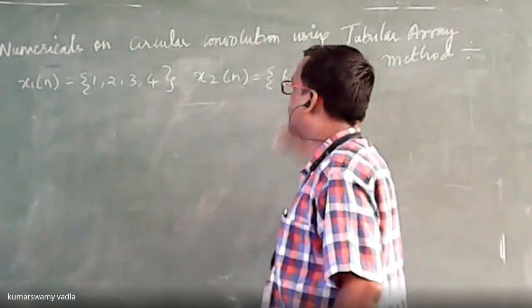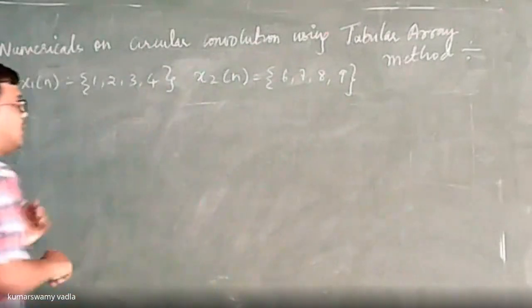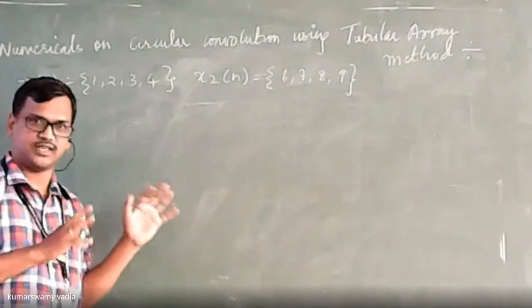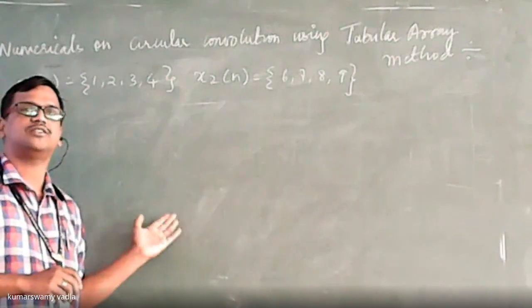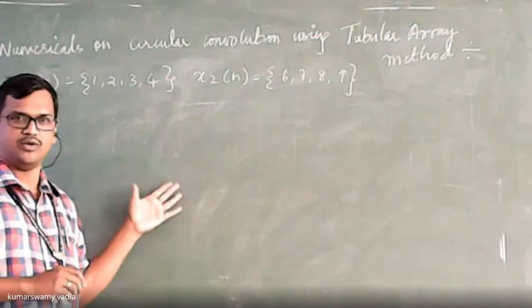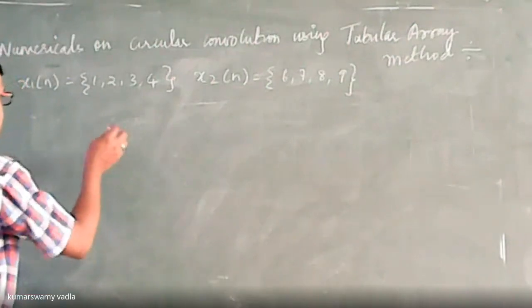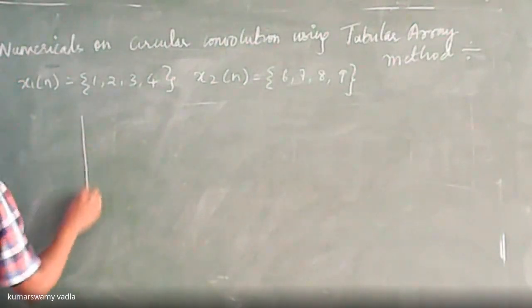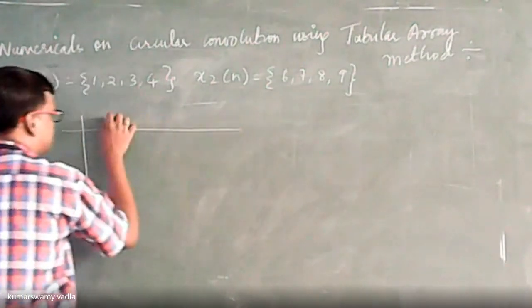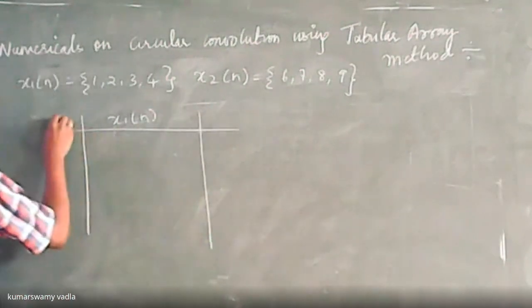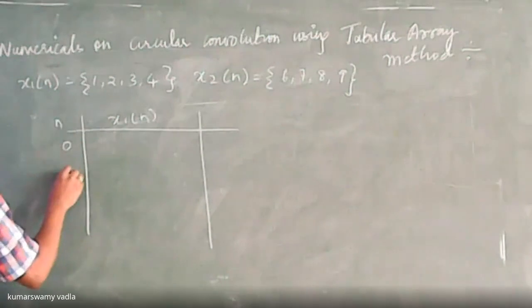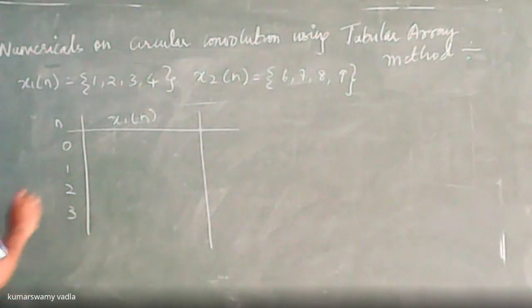Thank you. Okay. Now, I need to get the same answer by circular convolution only. The previous one was using DFT and IDFT. Now using the tabular method, as said in the last class. First, write down x1 of n for n equal to 0, 1, 2, and 3.